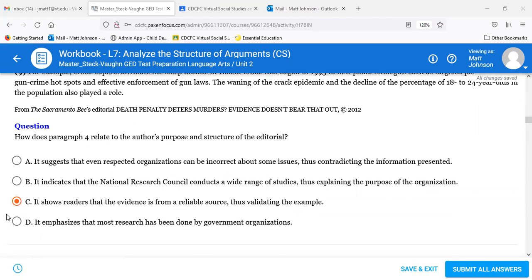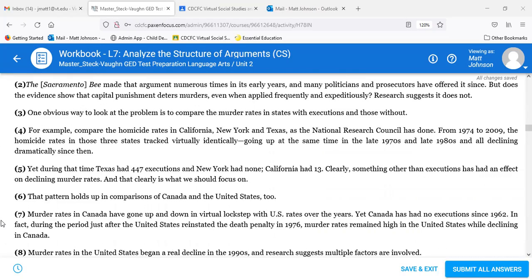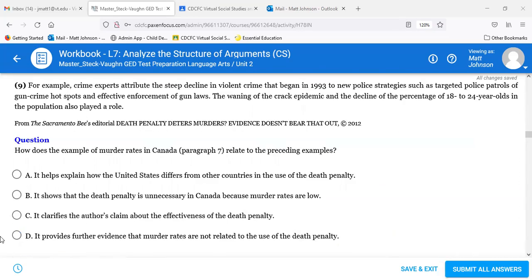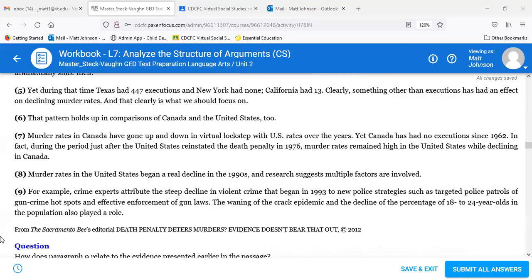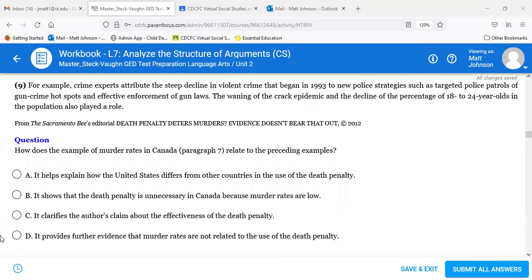So 3 is C. 4, Sasha Gay, could you read question 4? It says, how does the example of murder rates in Canada relate to the preceding example?